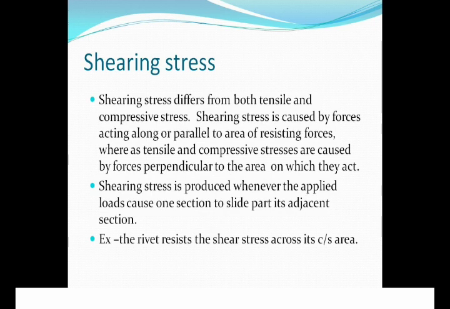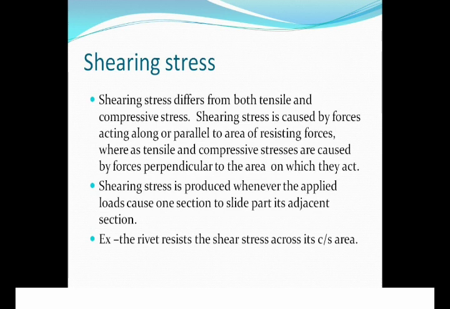Shearing stress differs from both tensile and compressive stress. Shearing stress is caused by the forces acting along or parallel to the area of the resisting forces. We have seen the tensile and the compressive stresses are caused by the forces acting perpendicular to the area on which they act.